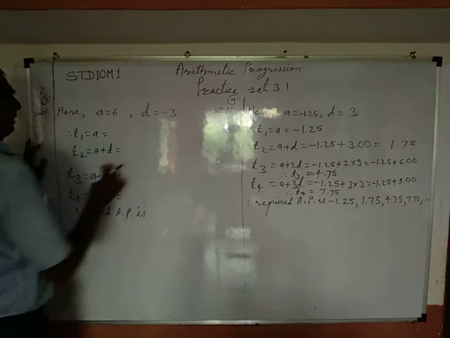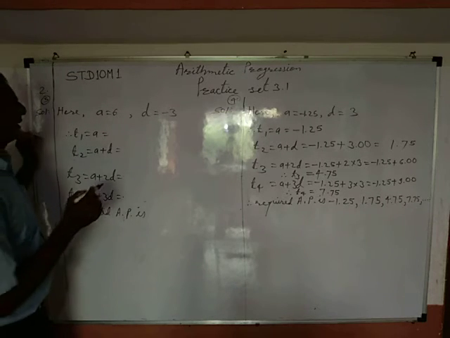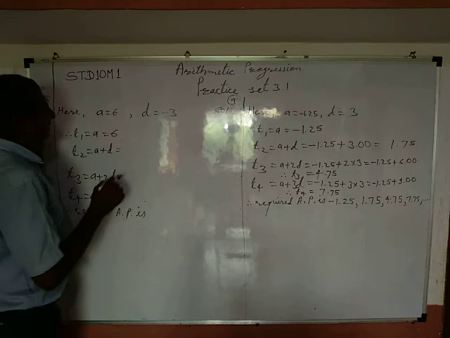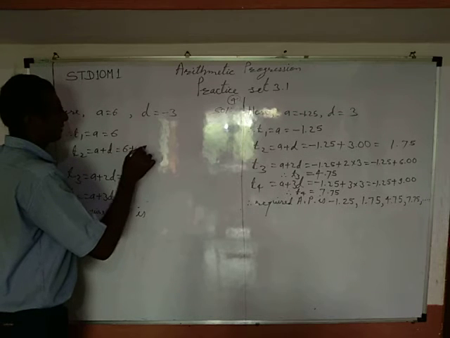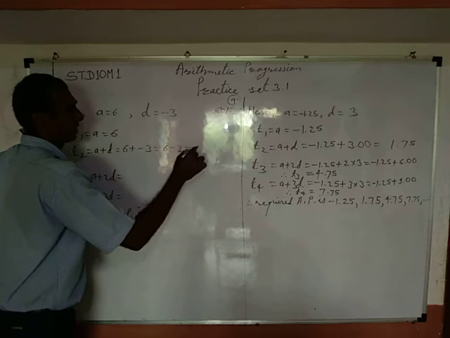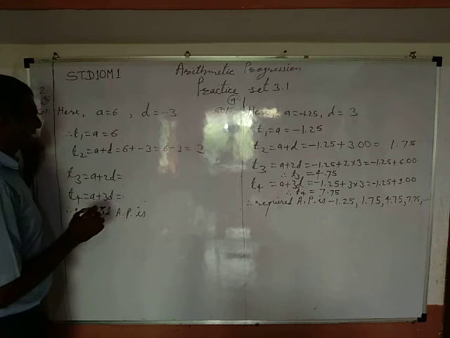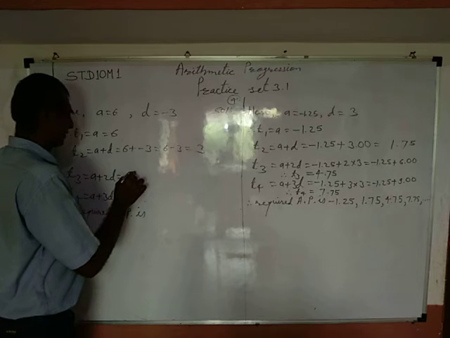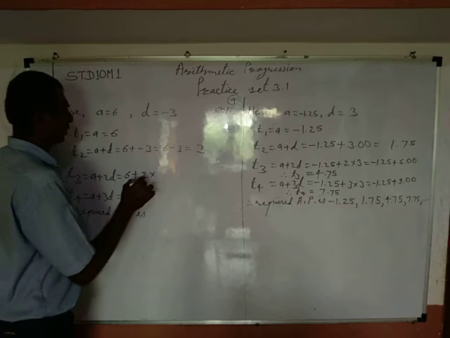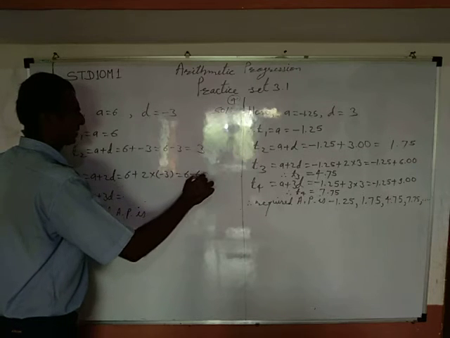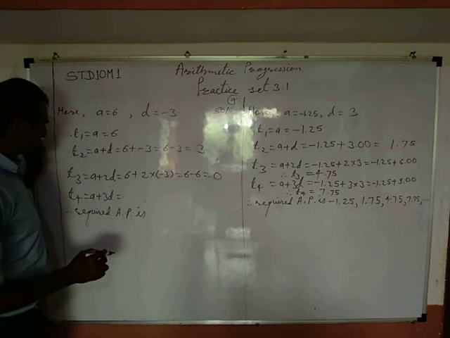Therefore T1 equals A equals 6, T2 equals A plus D equals 6 plus minus 3 equals 6 minus 3 equals 3. T3 equals A plus 2D equals 6 plus 2 into minus 3 equals 6 minus 6 equal to 0.